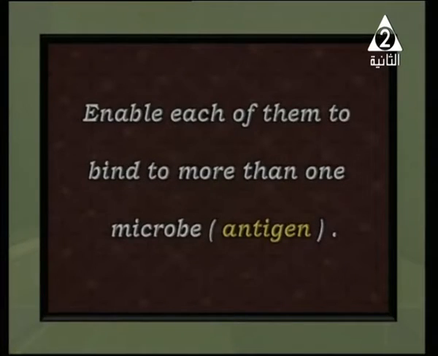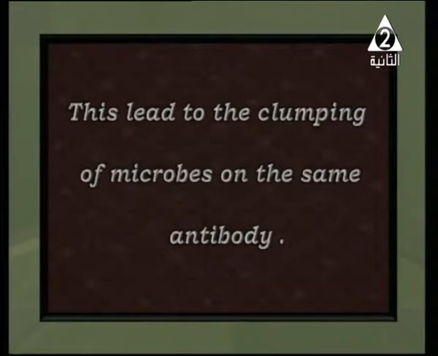As we said, each antibody has only one binding site, but in this case IgM has many, so it enables the antibody to combine with more than one antigen, or more than one microbe or virus. This also leads to the clumping of microbes, their attachment to the same antibody.